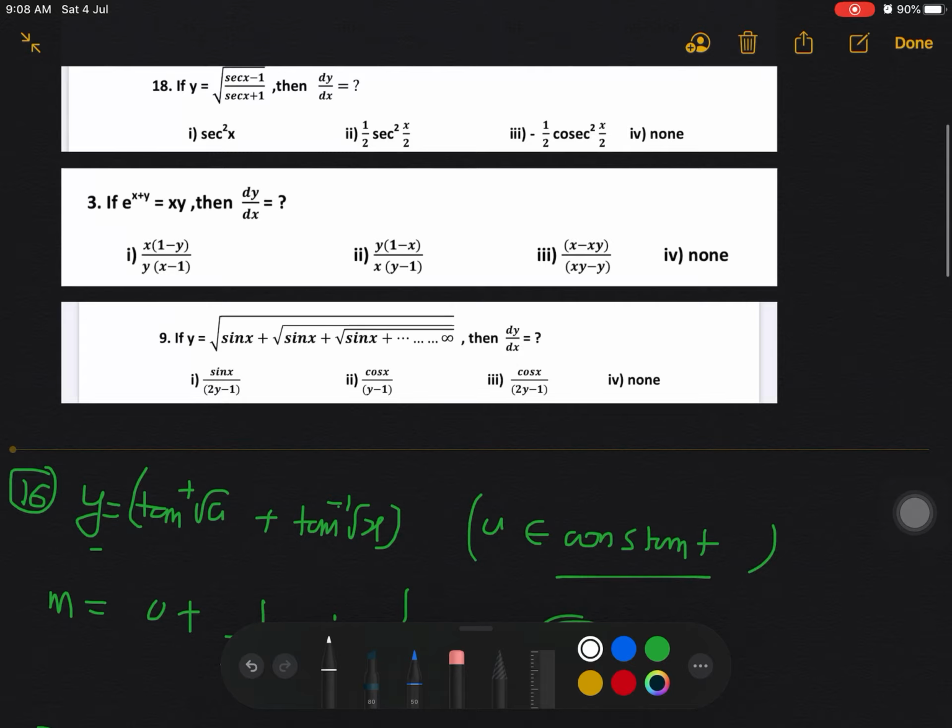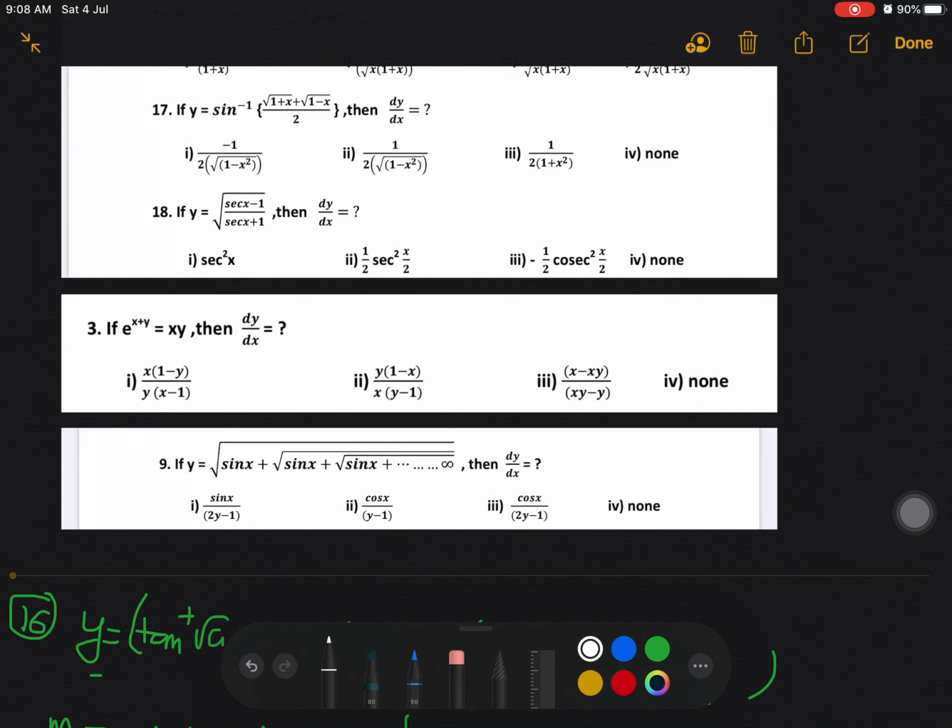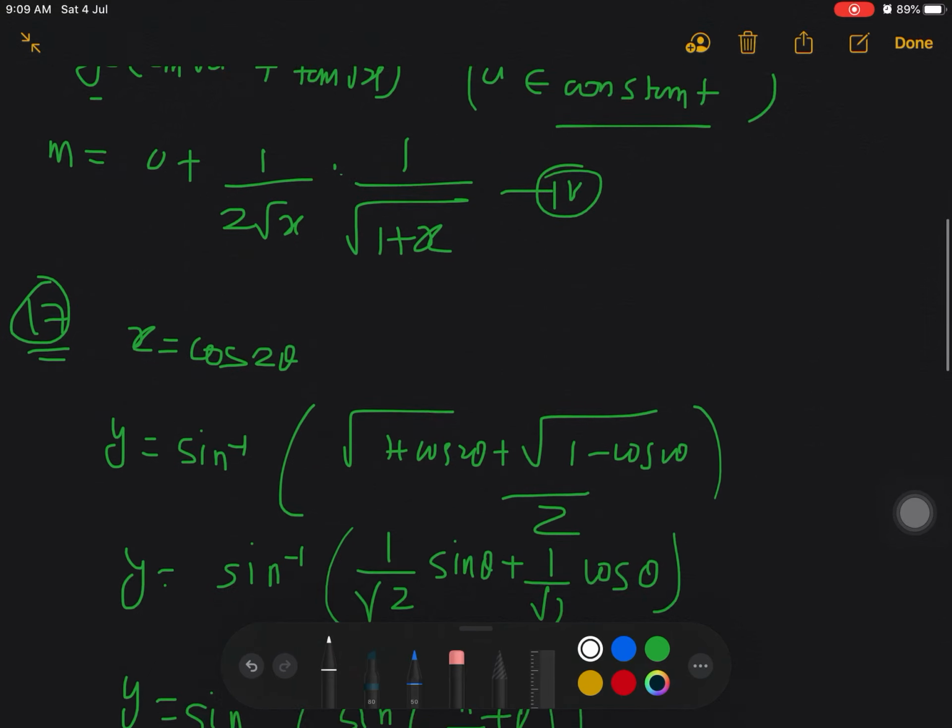In order to solve question number 18, some of the individuals might look for some substitution, but just before looking for the substitution, it is more convenient to just simplify this expression.